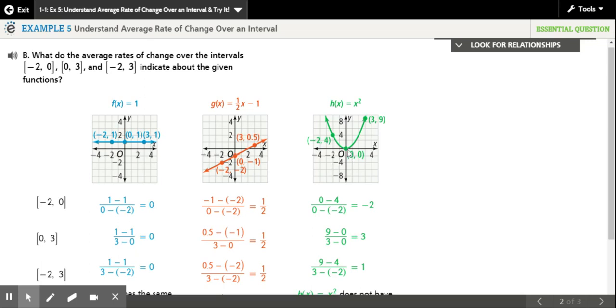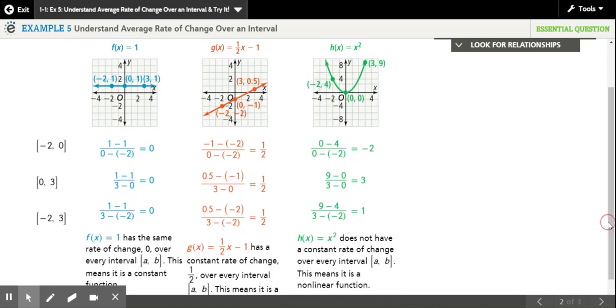The average rate of change from 0 to 3 is 3. And then from -2 to 3, the change is 1. So h of x equals x squared does not have a constant rate of change, and this means it's not a line. It's not a linear function.